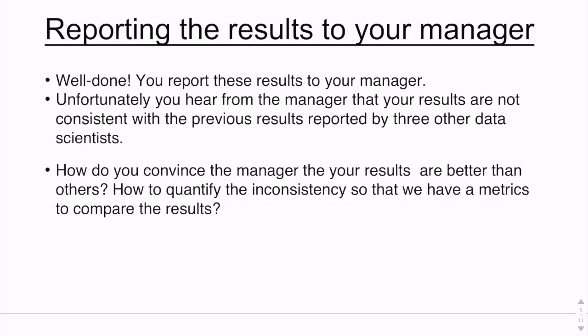Unfortunately, the manager gets back to you and says, okay, the numbers you have provided, M1 and M2, are not consistent with the results obtained from 3 other data scientists who conducted these experiments like 2 months ago and 3 months ago. Then this is a real problem, right?